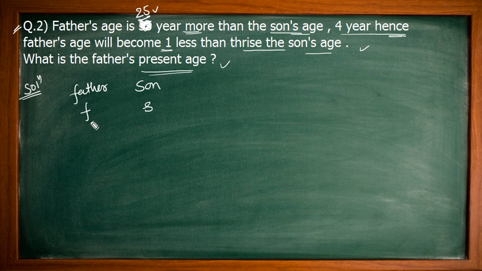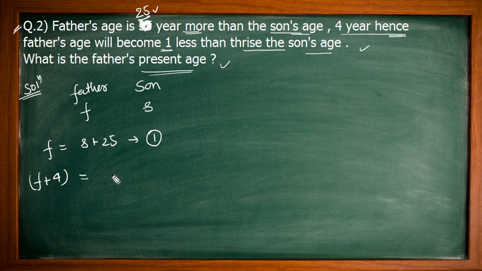Suppose the father's age is F and son's age is s, so F is equal to s plus 25. That is your first equation. And 4 years hence means F plus 4. 4 years hence, the father's age will become 1 less than thrice the son's age.